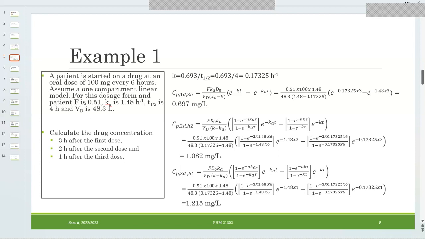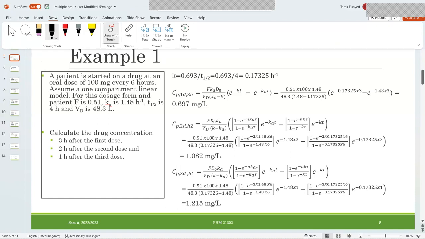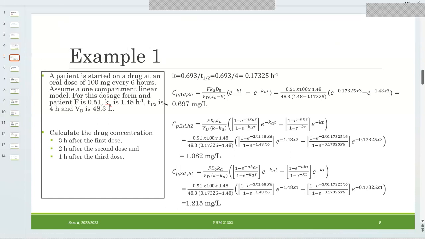Okay? So here the problem is a patient is started on a drug at an oral dose of 100 milligram every 6 hours. Assume a one compartment linear model. Here the dose is 100 milligram.